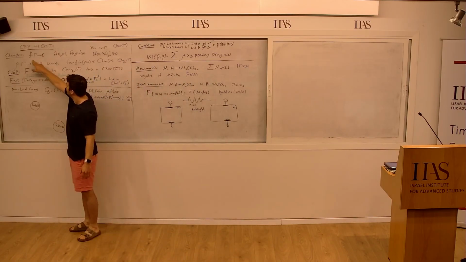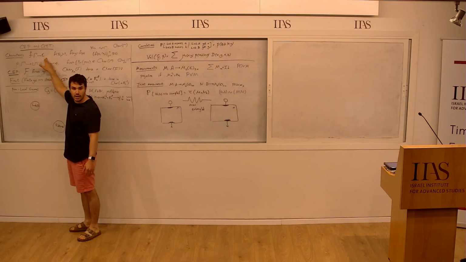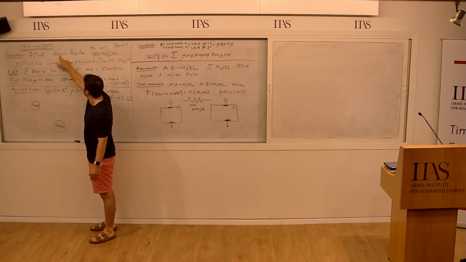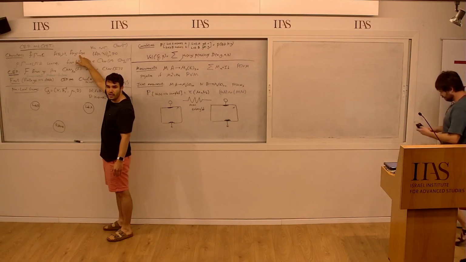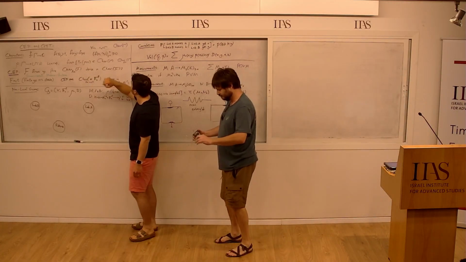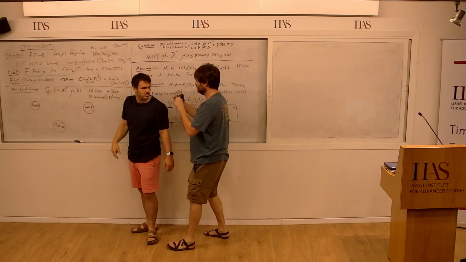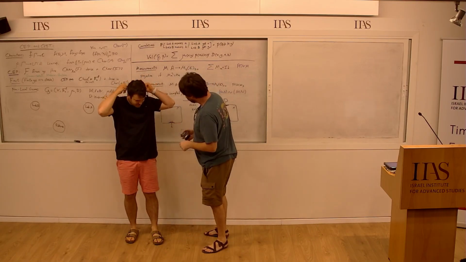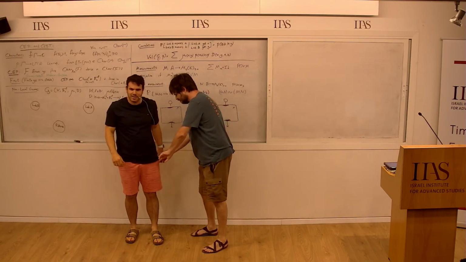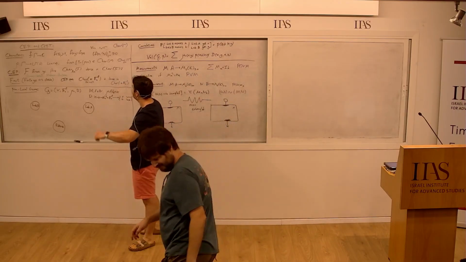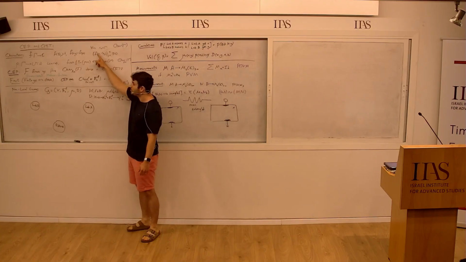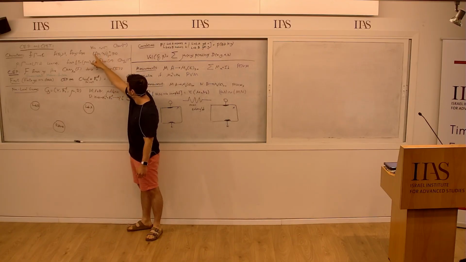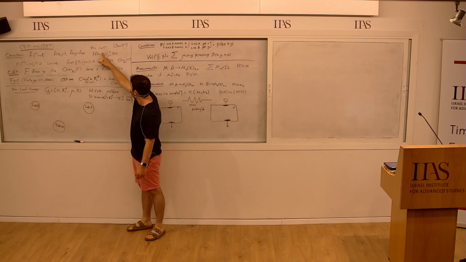If you have a function from some group gamma to the complex numbers, we call it a character of the group if it sends the identity element to 1, if it's tracial, so f of xy is equal to f of yx, and if for every tuple of elements x1 up to xn from gamma, you can construct the following matrix, whose entries are just the evaluation of the function on xi inverse xj.